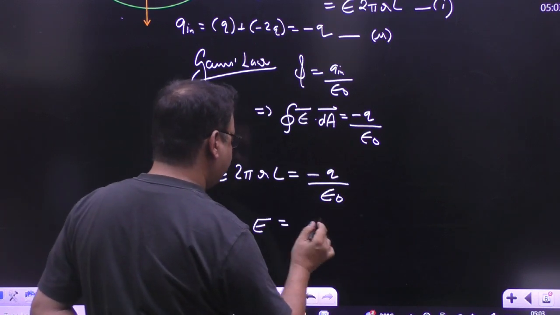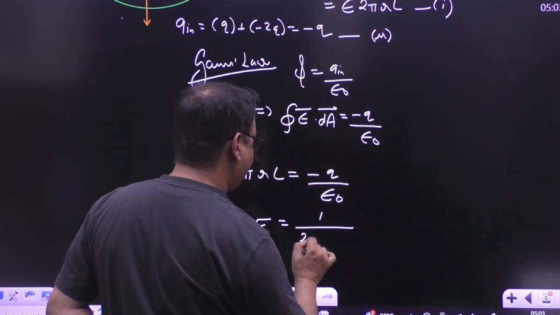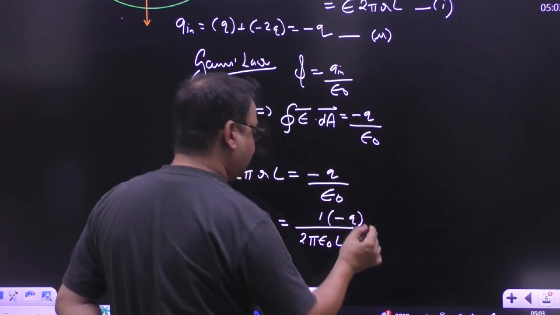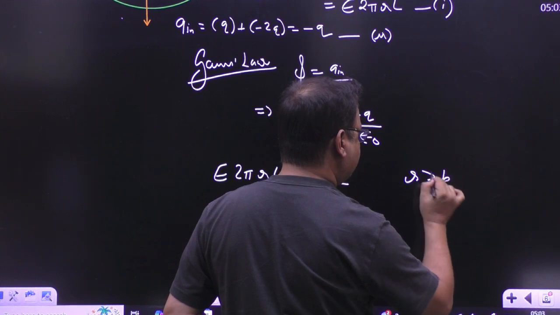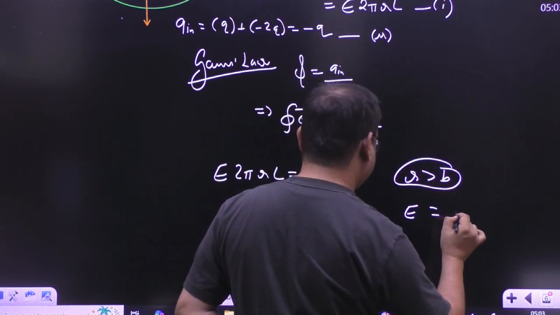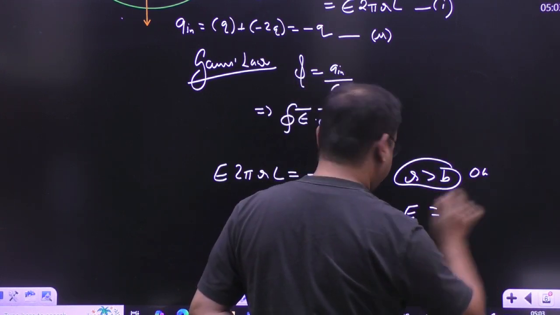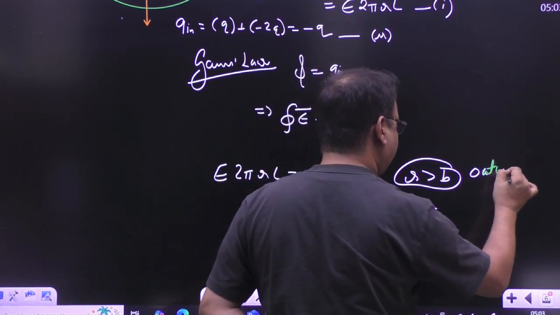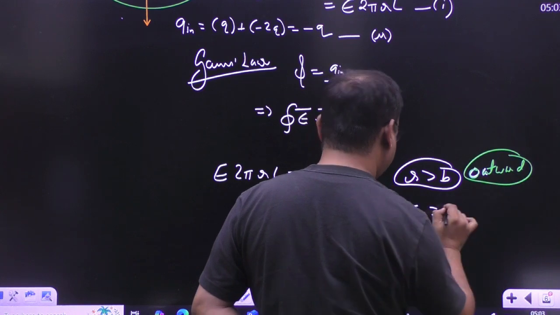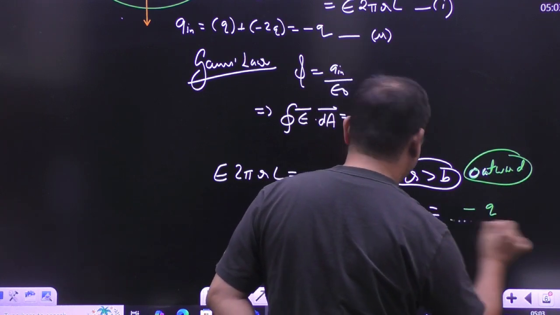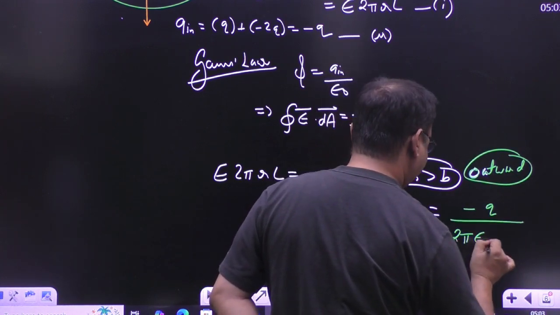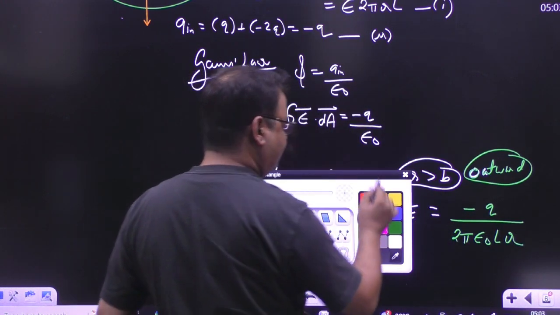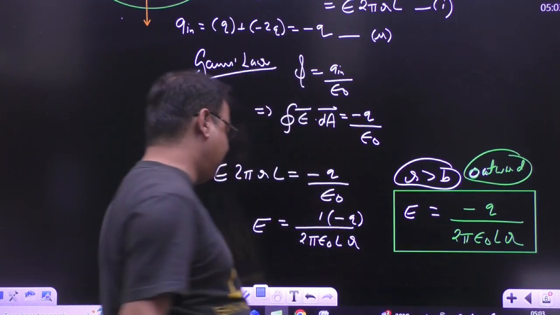So E will come to be 1 by 2 pi epsilon naught L multiplied by minus Q by R. So when R is greater than B, I'm getting the field in the outward model, remember, because in our model I am taking the field as outward. So the outward field comes to be minus Q by 2 pi epsilon naught L R. This is the first part of the problem, when you are outside the whole cylindrical system.